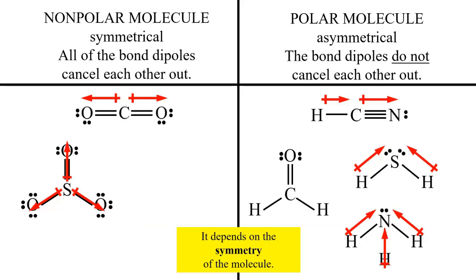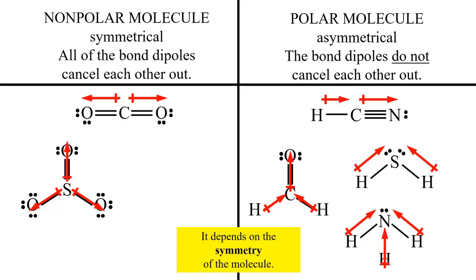So here's an example. I've got a carbon in the middle. I've got two hydrogens, one on either side, and I've got an oxygen. I do not have the same perfect symmetry all the way around that central carbon atom. So this molecule, CH2O, because there's asymmetry, the bond dipoles do not cancel each other out.